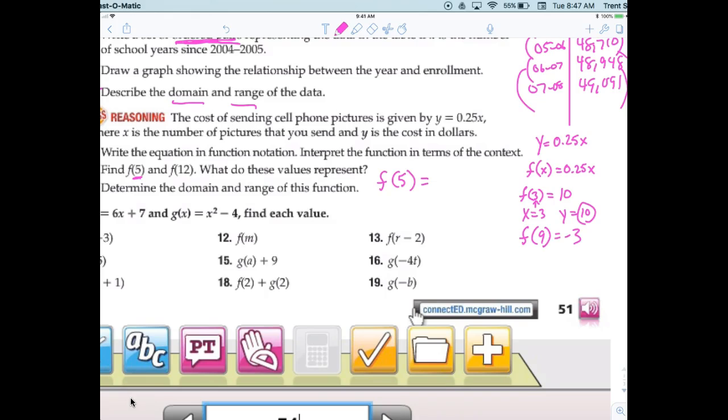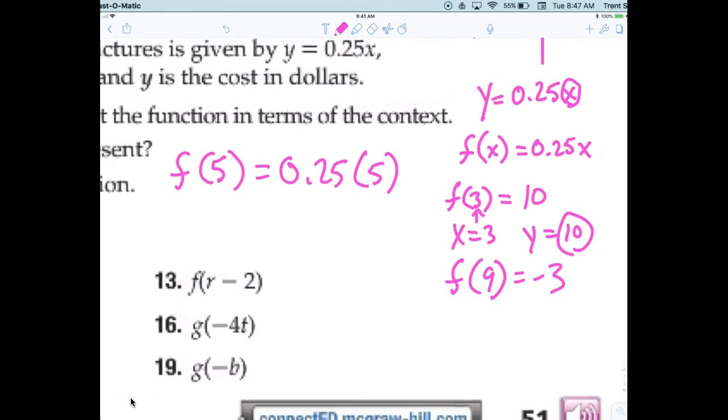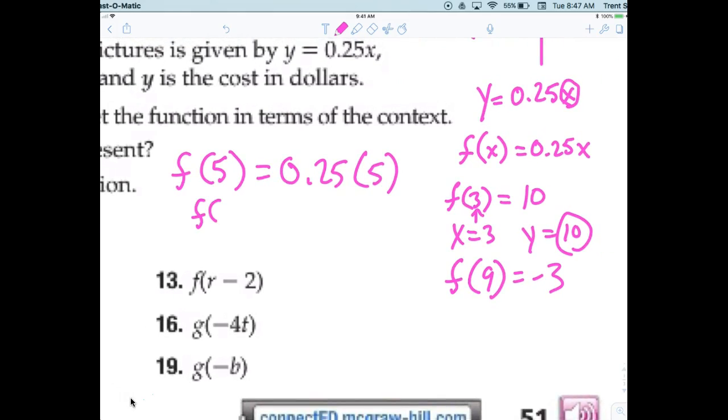All right? So 0.25 times 5. What did I do? I replaced this x with what number? 5. That's all I did. And if you have 5 quarters, you have how much money? $1.25. That's exactly right. So f of 5 is equal to 1.25. Everybody happy with me on that?